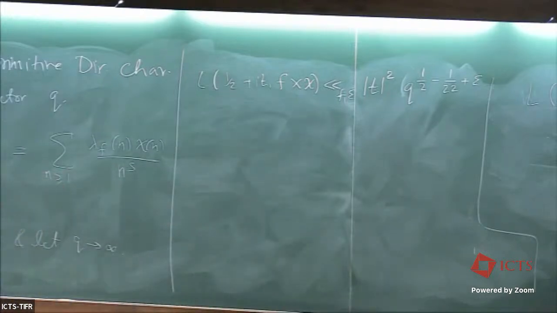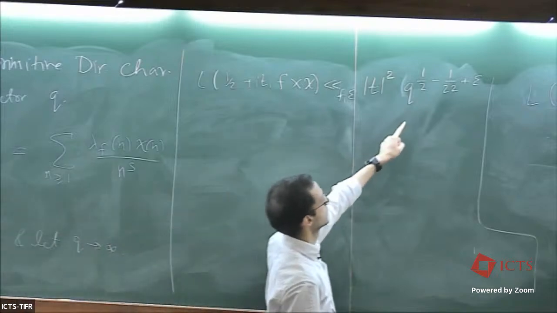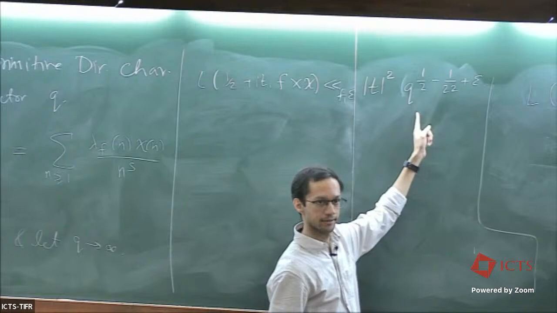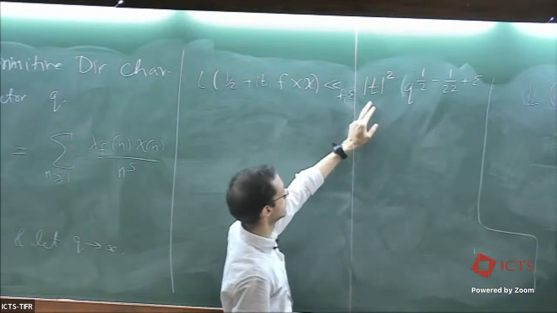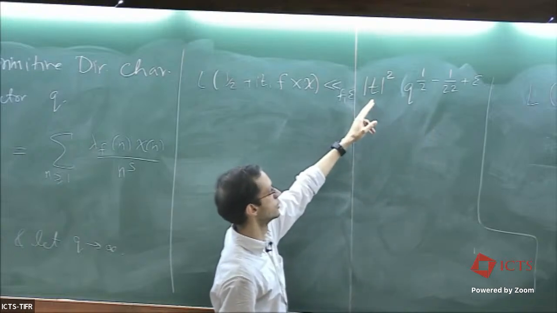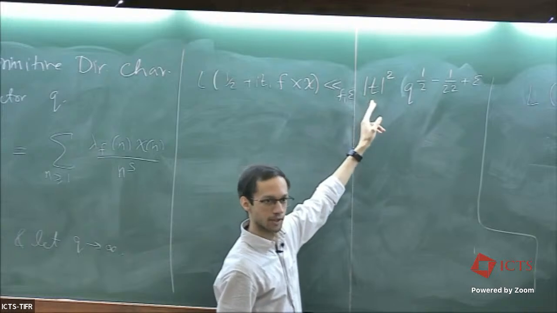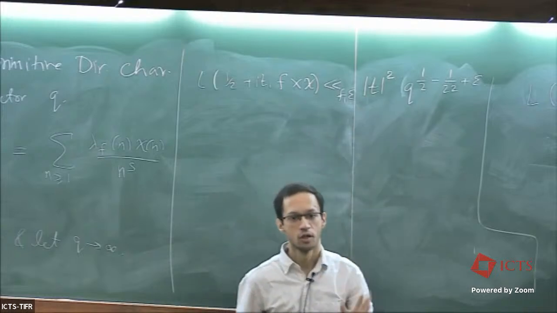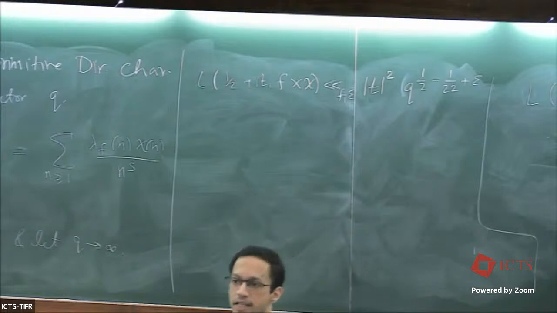So notice that this is a polynomial bound in the T aspect. It's not a convexity bound in the T aspect, but it definitely is a subconvexity bound in this Q aspect, okay? Because the subconvexity bound in the T aspect is going to be T to the 1/2. This is worse, okay? So they just wanted to get a nice bound in the level aspect.